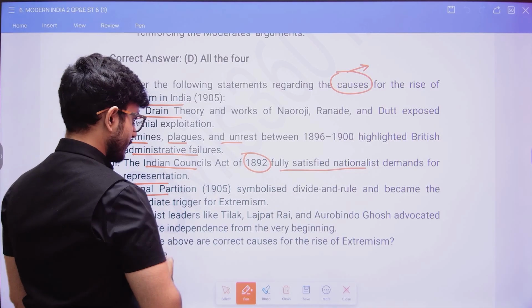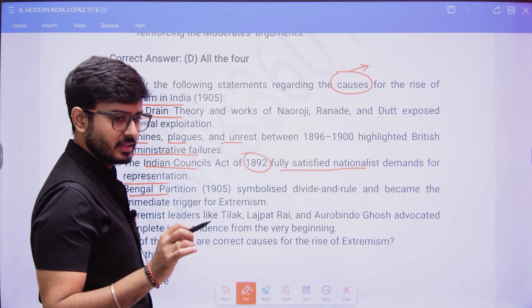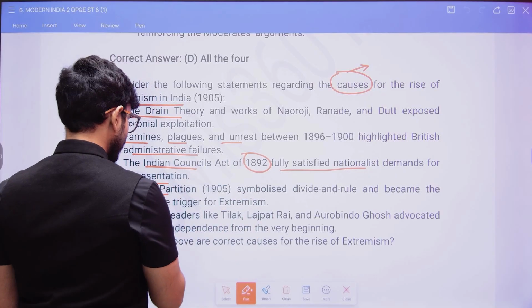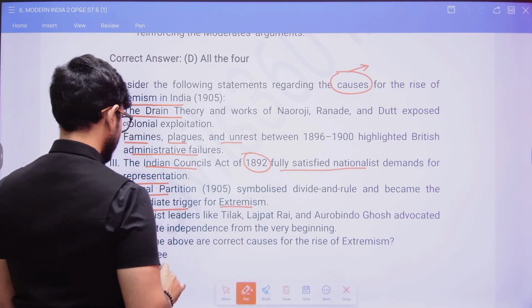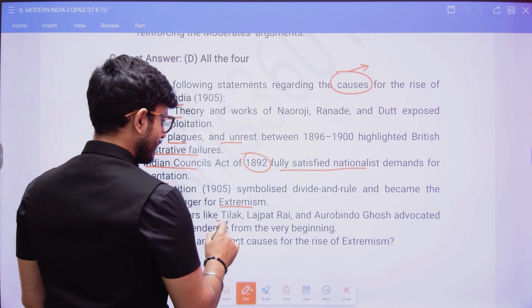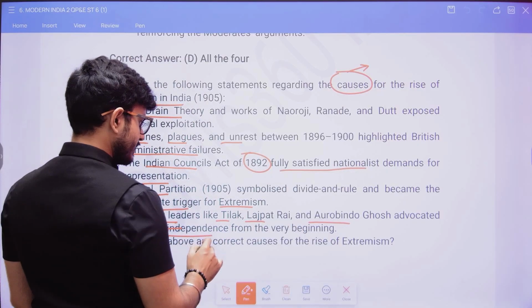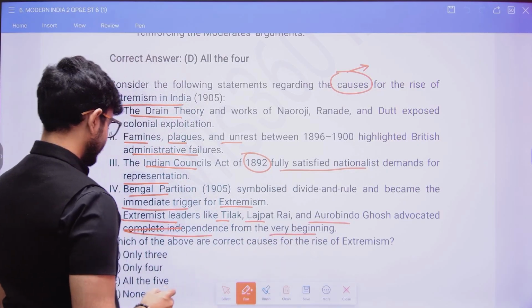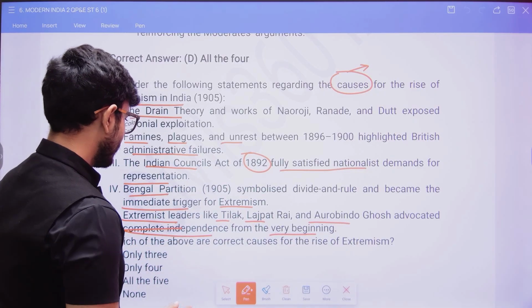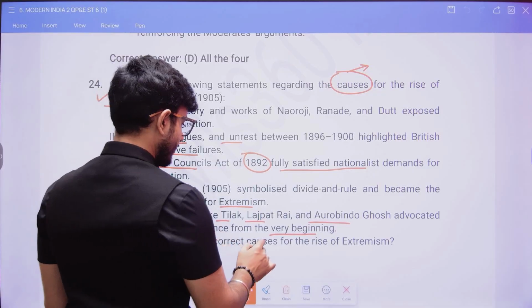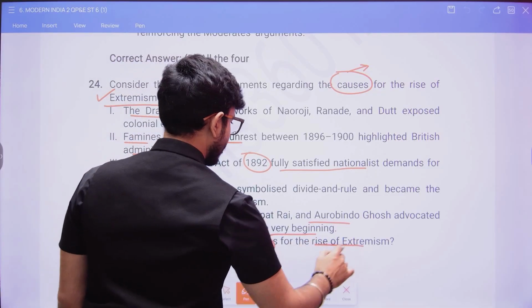Then the Bengal partition symbolized divide and rule and became the immediate trigger for extremism, and the extremist leaders like Tilak, Lajpat Rai and Aurobindo Ghosh advocated complete independence from the very beginning. Which of the above are the correct causes for the rise of extremism?